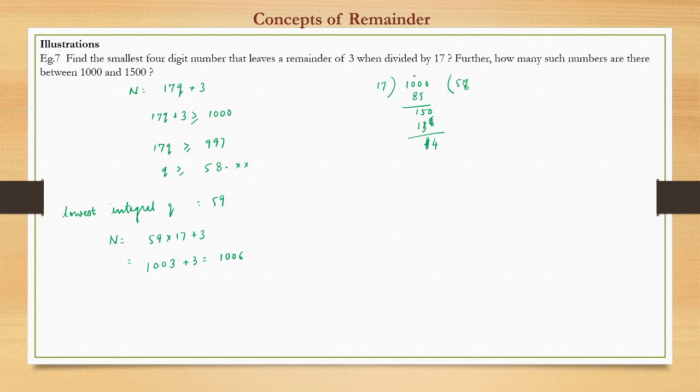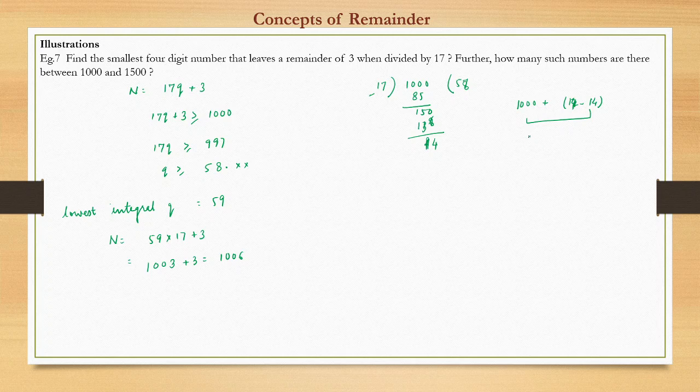Okay. So now, had this number 1000 been 3 more, the remainder would have been 17, right? So 17 means perfectly divisible by 17. So what did we do? To 1000 we add the divisor minus the remainder, that is, 1000 plus 17 minus 14, then the number would have been perfectly divisible.